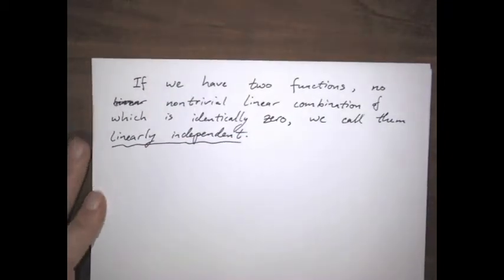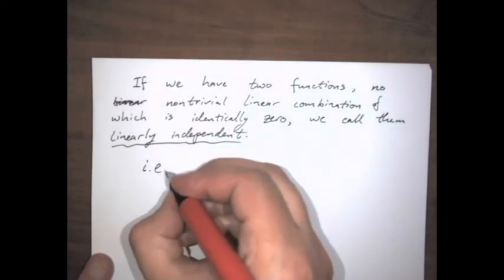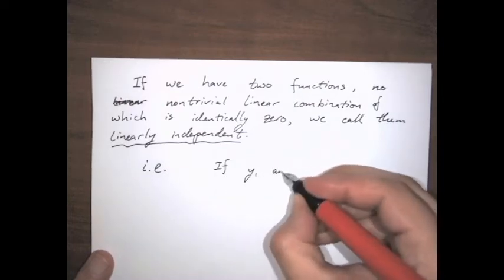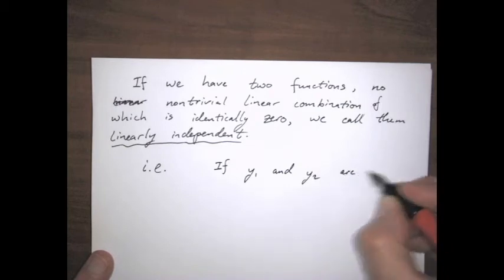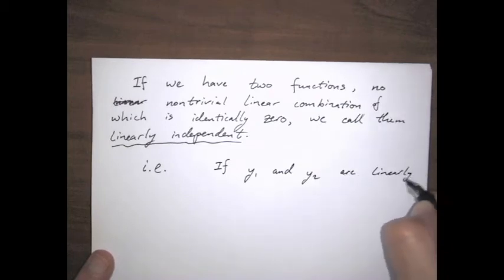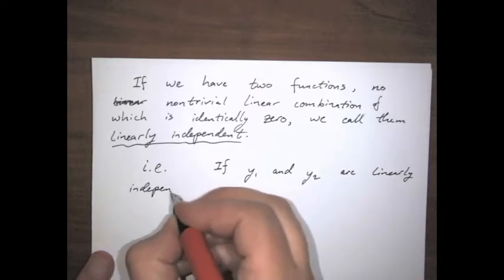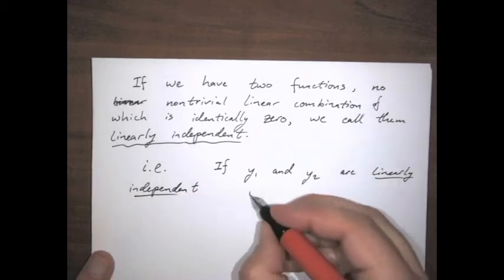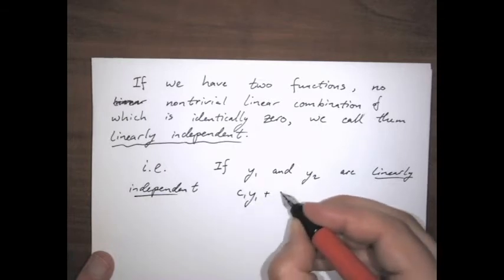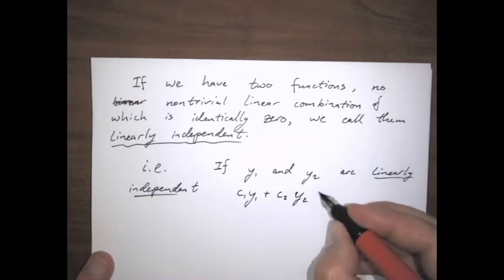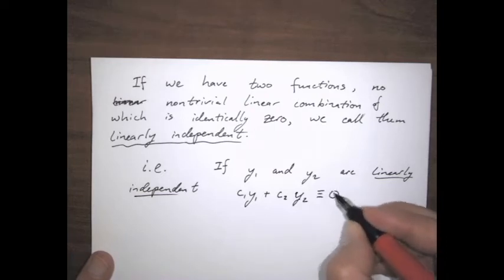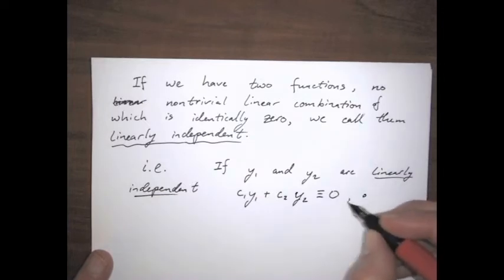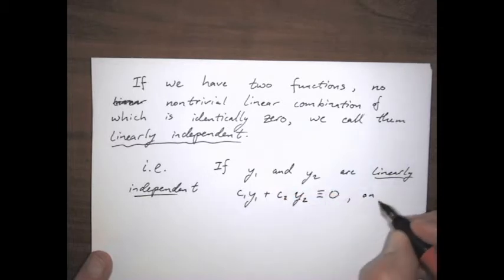So in other words, i.e., if y1 and y2 are linearly independent, then c1 y1 plus c2 y2 can be identically zero only if it's 0 times y1 plus 0 times y2.